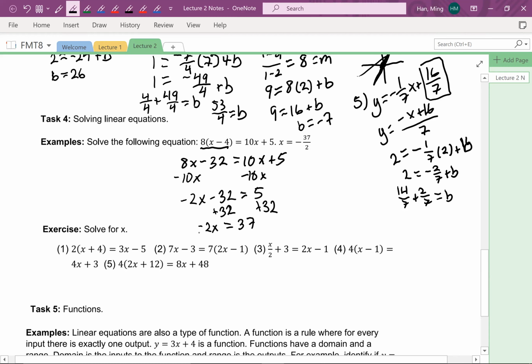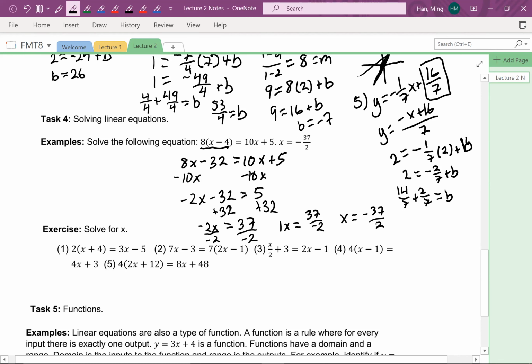And then finally we can divide by negative 2 on both sides. So that would give us 1x is equal to 37 over negative 2. So our final answer would be x is equal to negative 37 over 2.